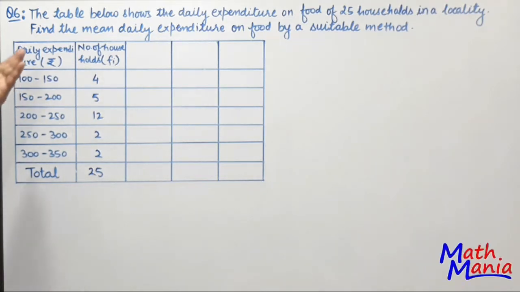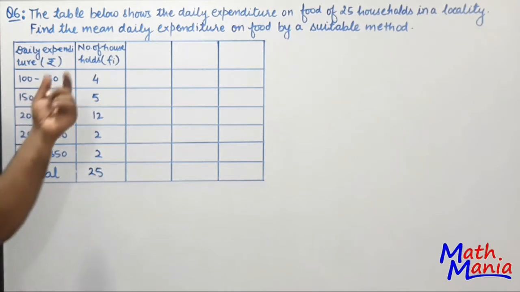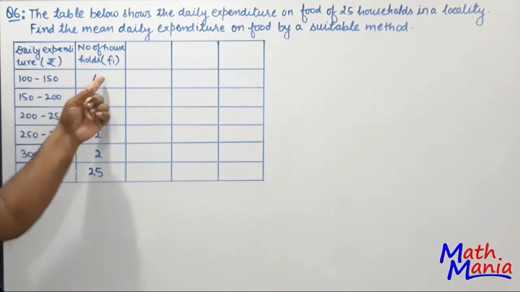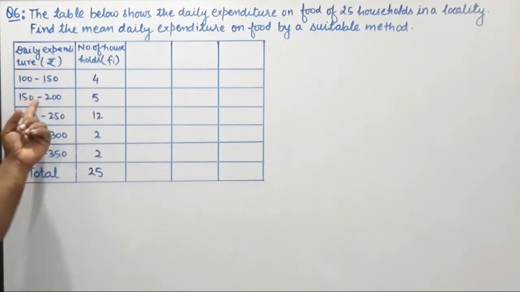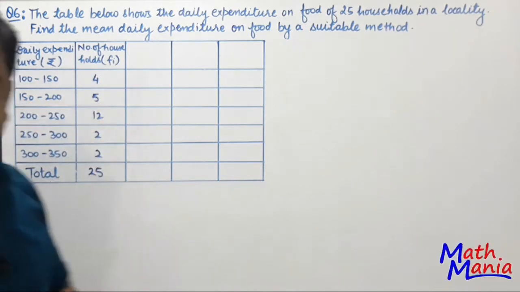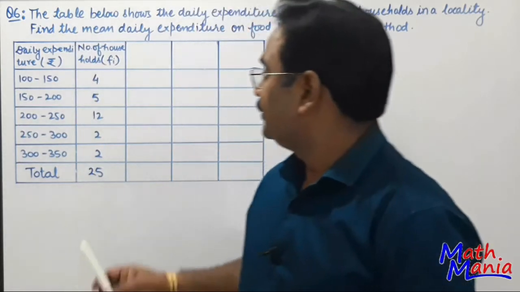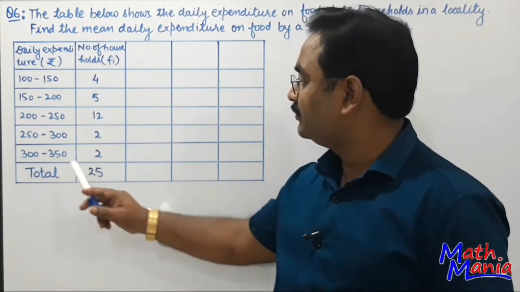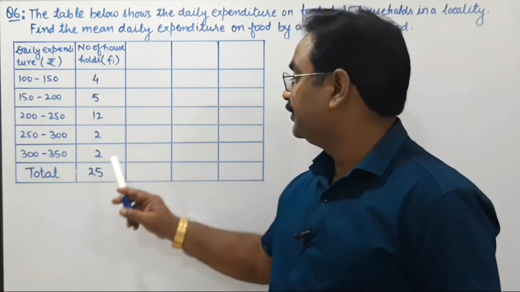So here we are given the daily expenditure in rupees and the number of households. 100 to 150 rupees, 4 houses; 150 to 200, that is 5 houses; 200 to 250, 12 houses; 250 to 300, 2 houses; and 300 to 350, 2 houses.